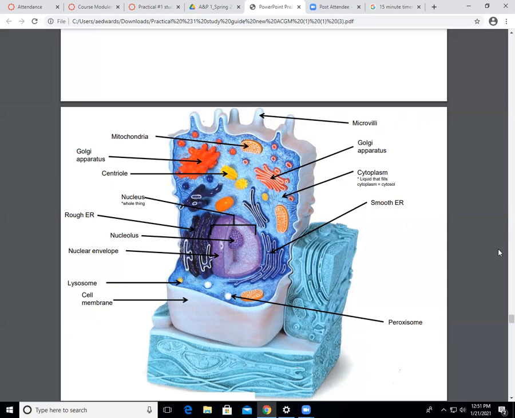White circles are peroxisomes. They have very similar functions in terms of cleaning up. But just so you know, the yellow balls are lysosomes, the white ones are peroxisomes, if you see them on that model. Okay? All right.